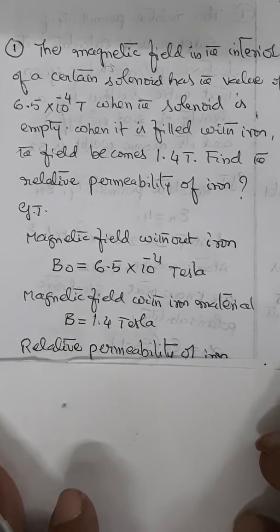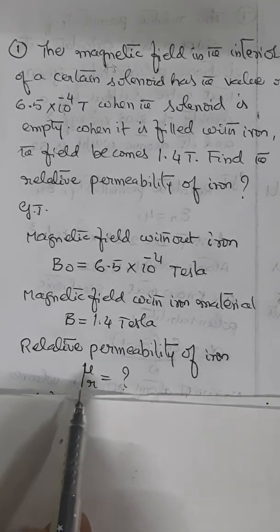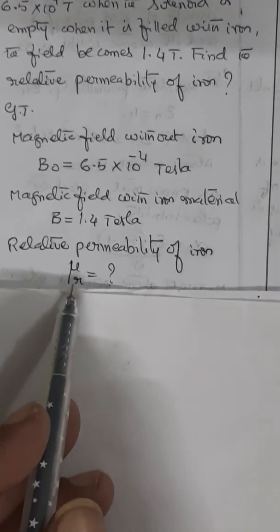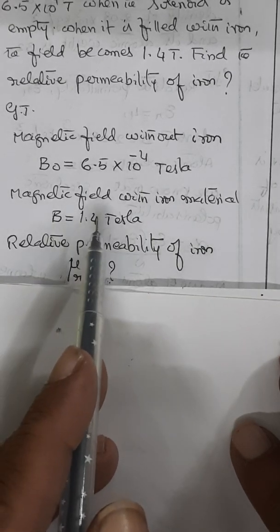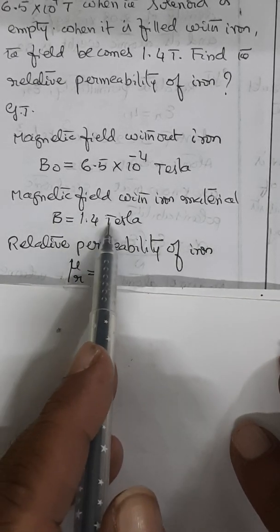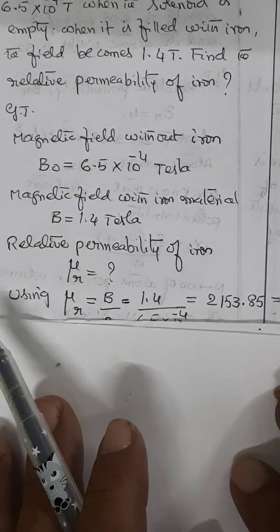So using the relation, we have to calculate relative permeability. So what is the formula? Relative permeability is the ratio between field with material to field without material. So that is what it is.